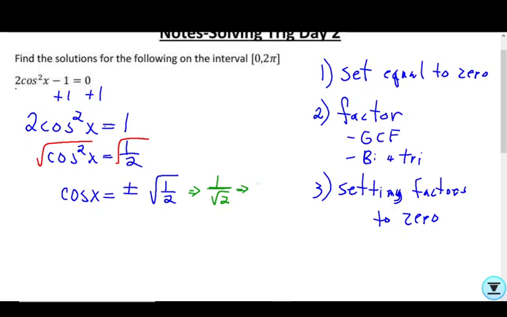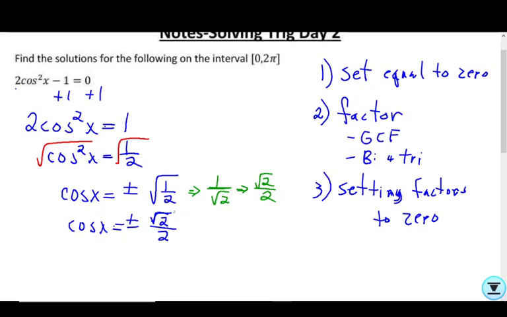When you rationalize the denominator, you get the square root of 2 over 2. So you need to recognize when you end up with the square root of 1/2 like that, that's really the same thing as root 2 over 2, so that we can use our unit circle easier. So this is really plus or minus root 2 over 2.